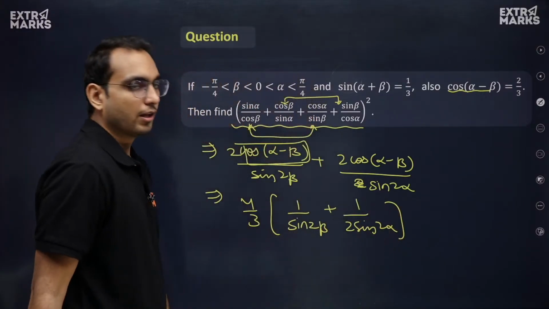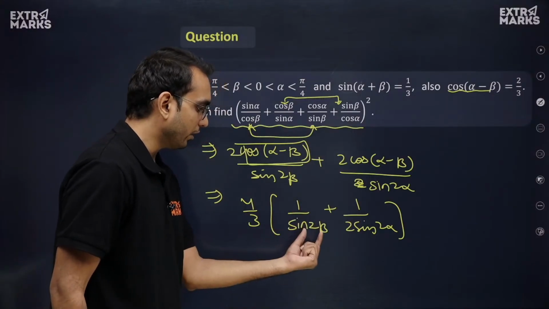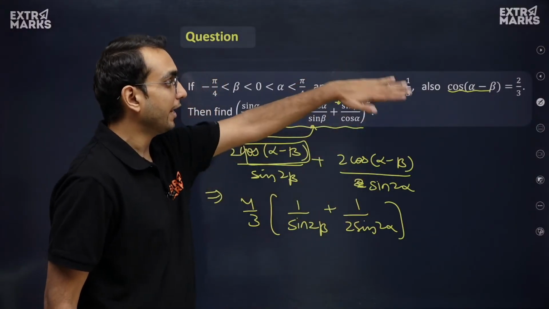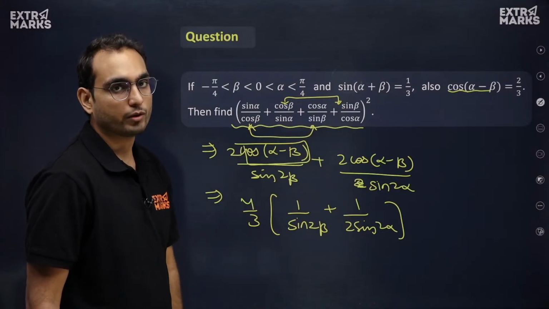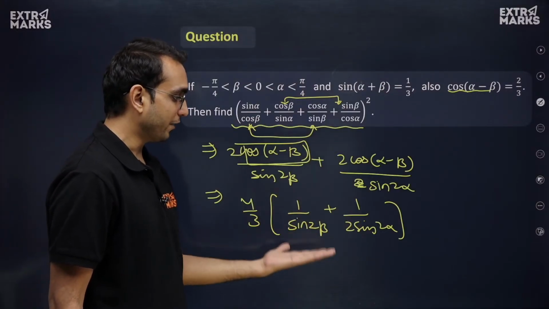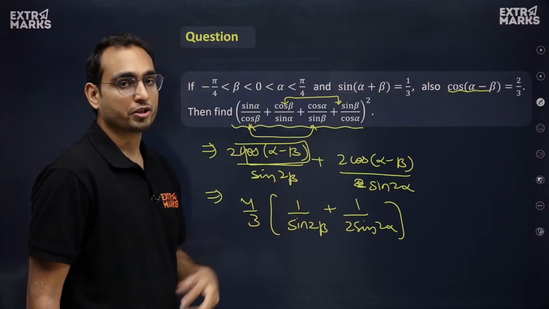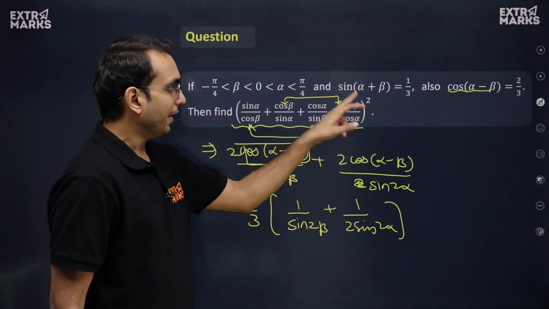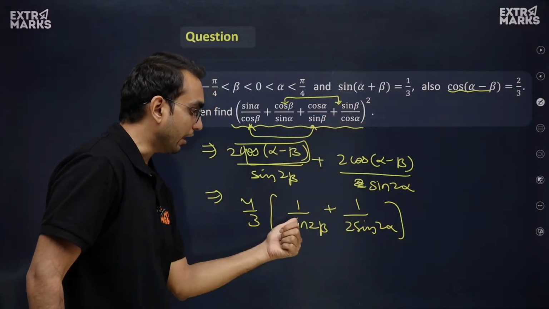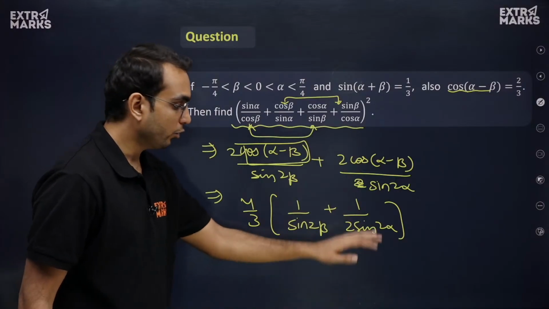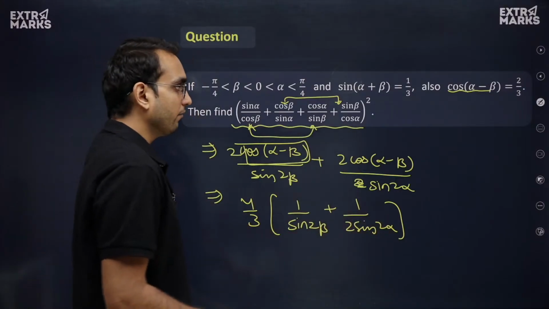1 upon sin 2 beta plus 1 upon sin 2 alpha. Now the only task is to find the value of sin 2 beta and sin 2 alpha via this. How can we do that? Now this is actually a very good question. From alpha plus beta and alpha minus beta, how can we get 2 beta and 2 alpha, right?